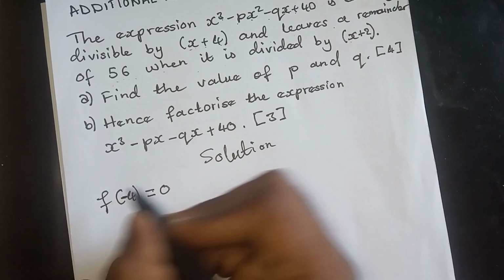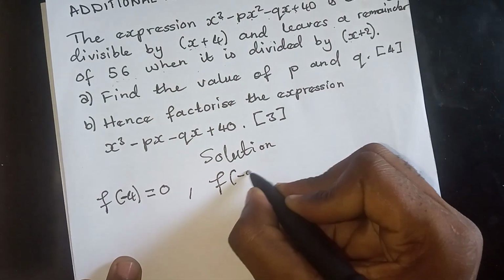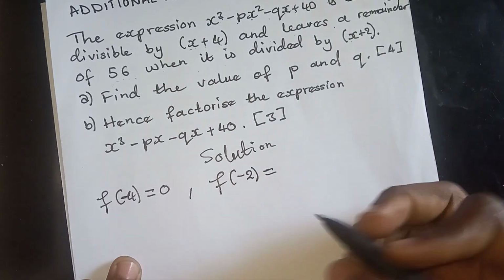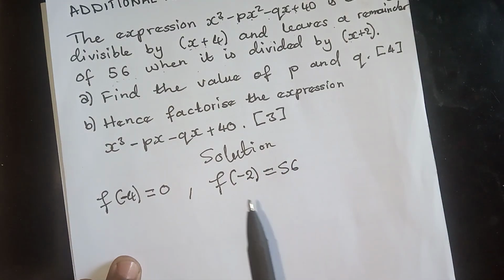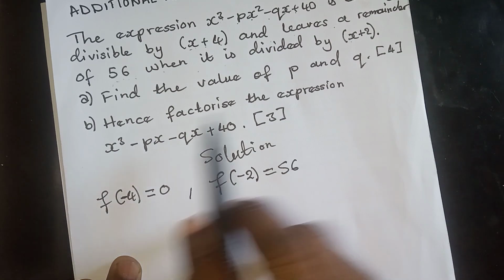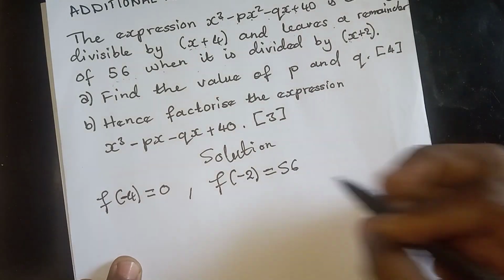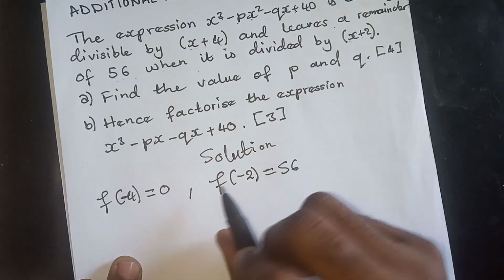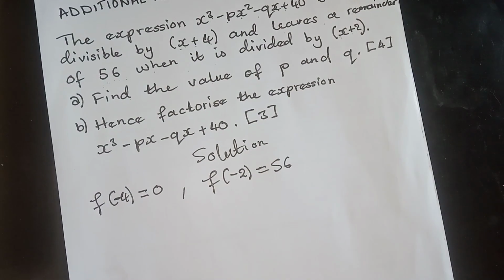By the way, this is negative 4. So f of negative 2 is equal to 56. In other words, when you divide it by x plus 2, the remainder will be this. So I'm using the factor theorem. I'm assuming you have seen the first video.